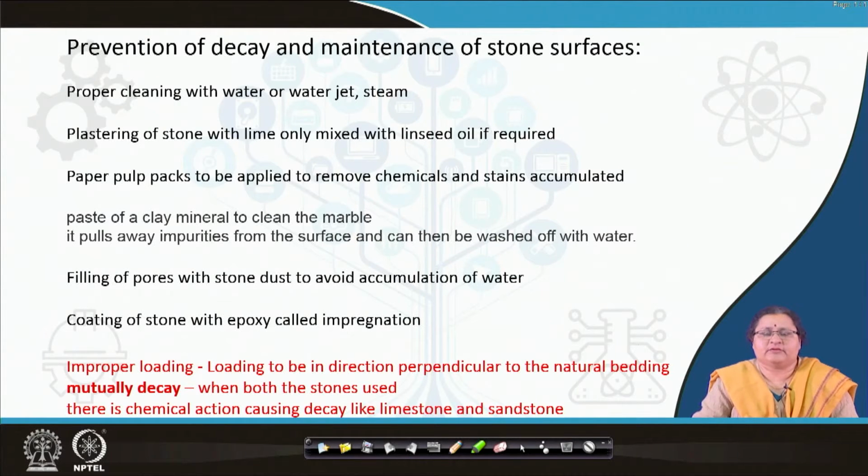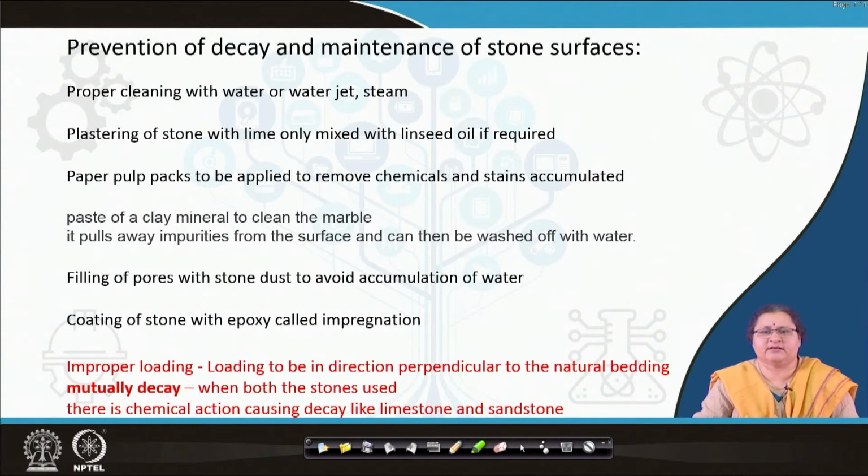To take off a lot of dust, organic products, chemicals, and oils from the surface which have been deposited over a long period of time, you can cover the entire stone surface with paper pulp. When the paper pulp is stuck on top, it absorbs the oil, the chemicals, and the dirt. After keeping it for a considerable period of time, you again take it off with a water jet.